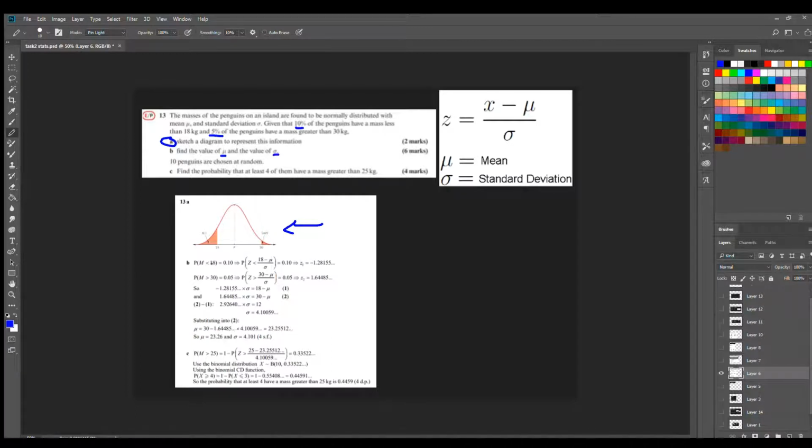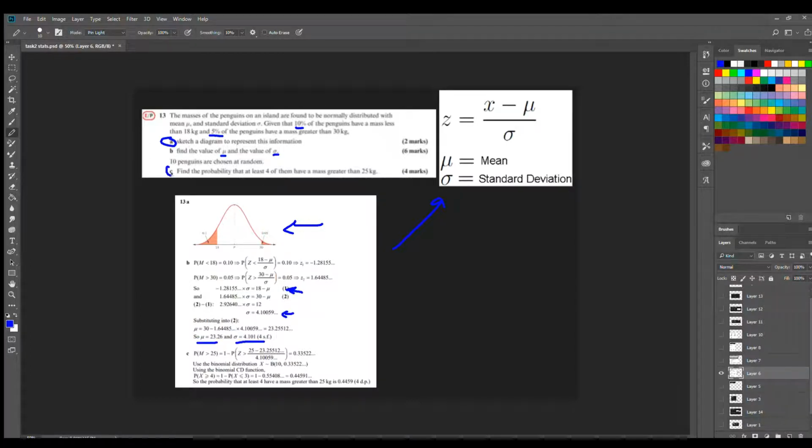You first do this by writing down the probabilities, and then using the z formula here, you code them into this form, and then rearranging, you make it so the z number is times the standard deviation, and you get two formulas. You use those two formulas and do simultaneous equations, and you will get the standard deviation here. You then substitute the standard deviation into one of the formulas, and then you can find the mean, like here.